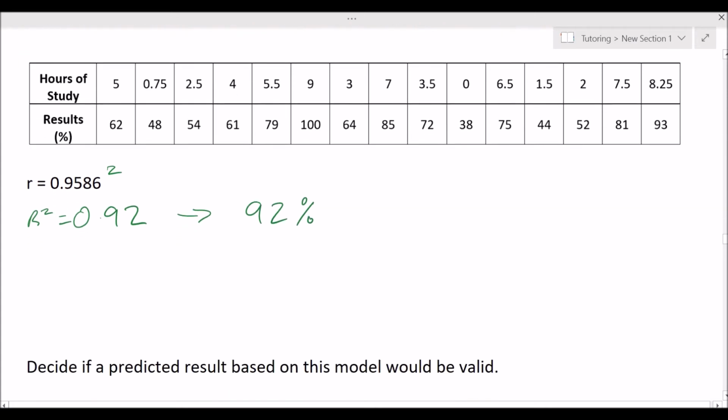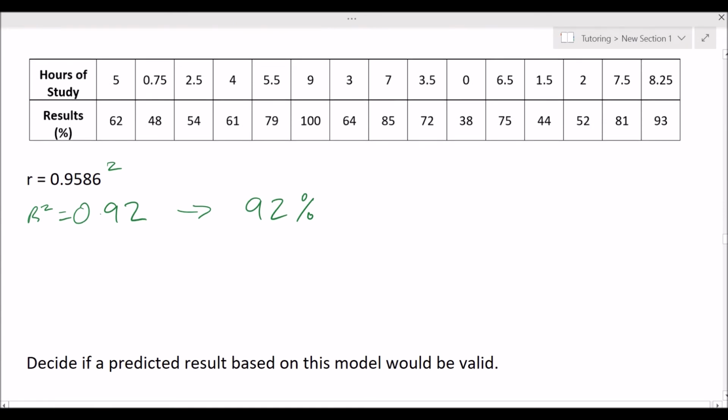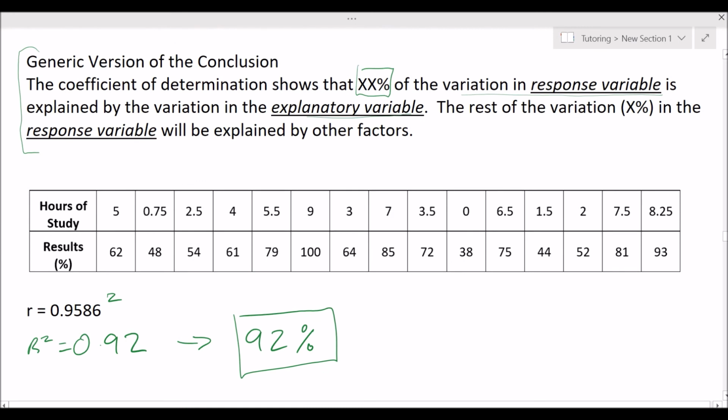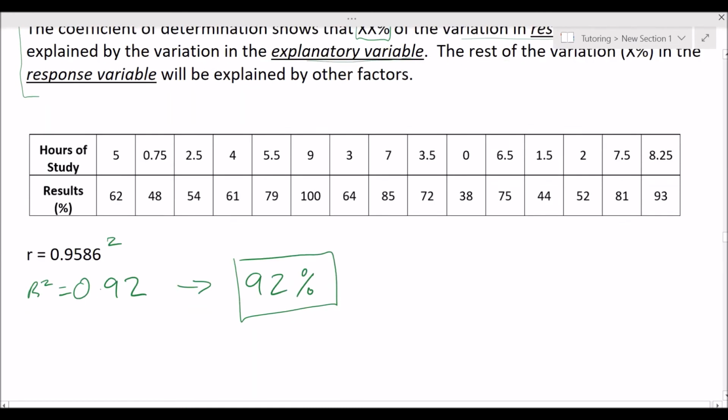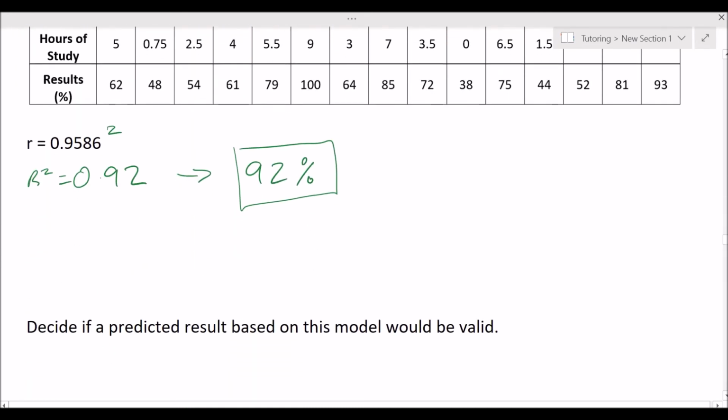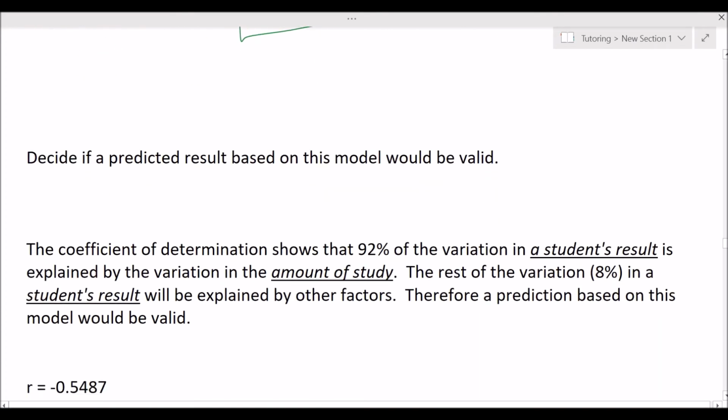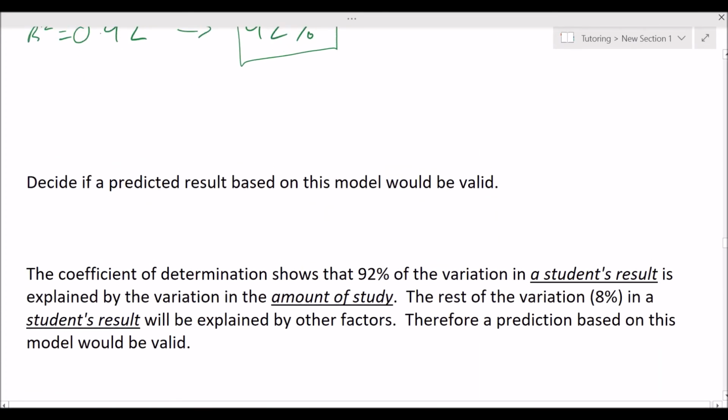Okay? So what I then want you to do is to decide if a predicted result based on this model would be valid or not, according to our coefficient of determination. Go back to our generic version and fill in the blanks. Okay, here's my answer. We can conclude the following.